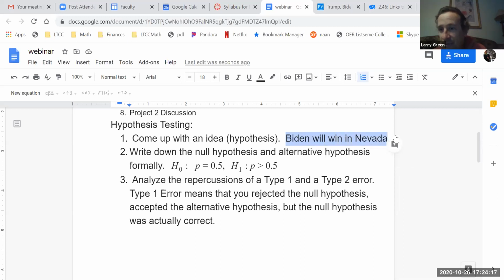Okay? So what are the repercussions of a type 1 error? What bad things are going to happen if you accepted that Biden's going to win, but Biden does not have over 50% of the votes right now, or the voters wanting to vote for him.